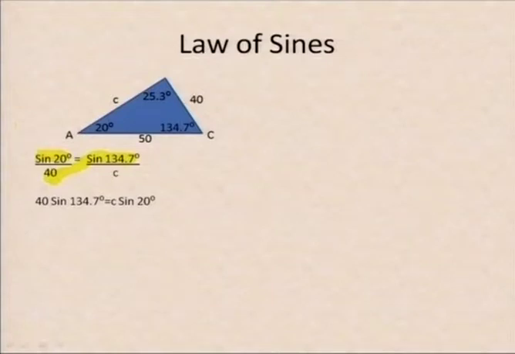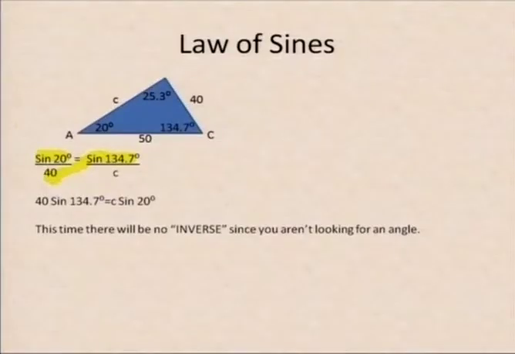So I always end up saying, you know what I'm going to do? I'm going to multiply the two things on the diagonal that I know, 40 sine 134.7, and divide by the other piece of information. So when I solve this, I'm going to take 40 sine 134.7 divided by sine 20. There will be no inverse. If you solve that for C, we should get about 83.13.